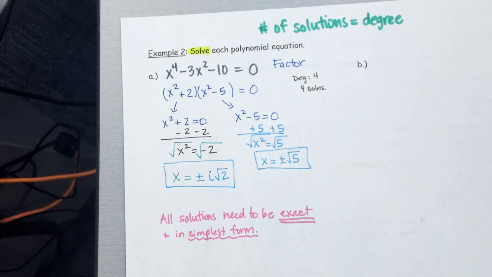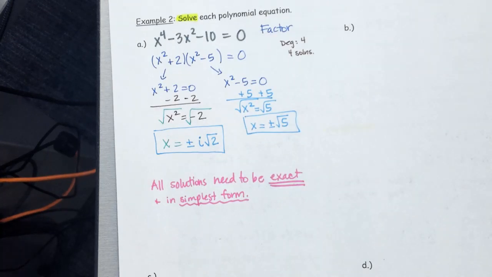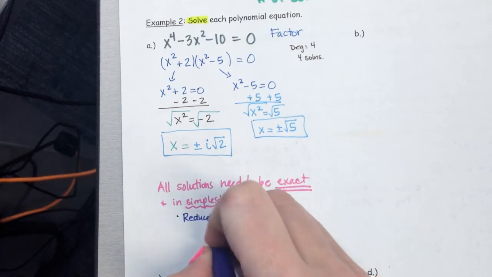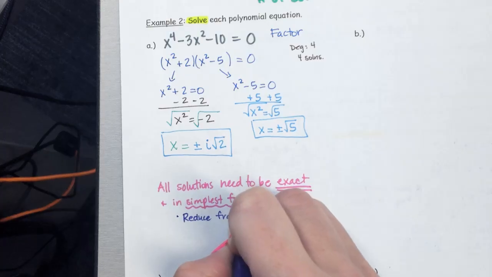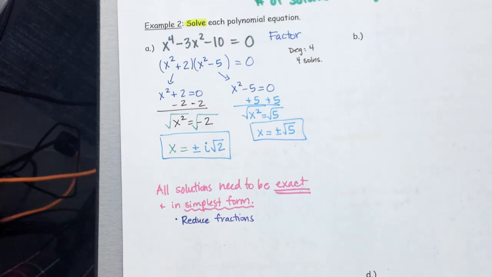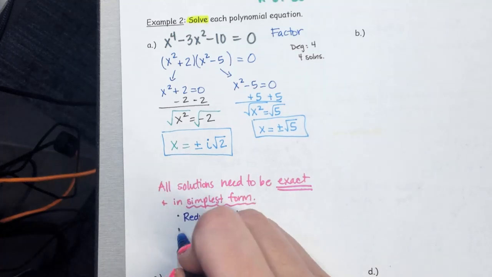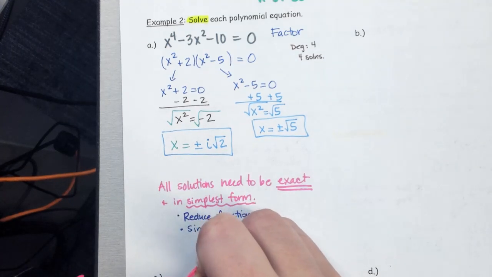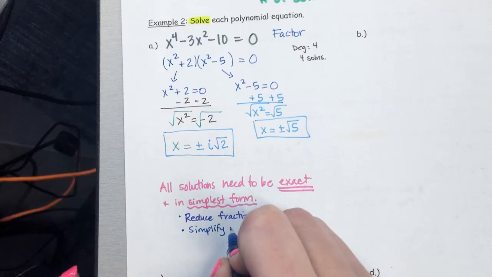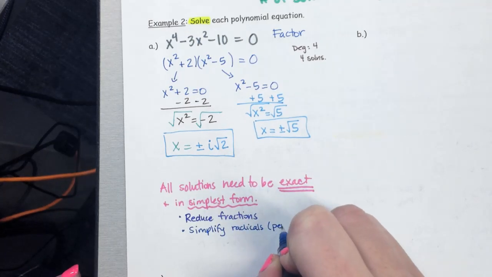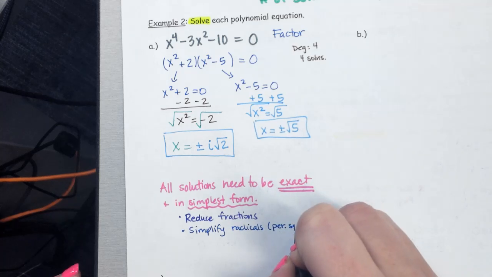All right, so if you have to be in your simplest form, what that means is if there's a fraction, you have to reduce it. So you have to reduce any fractions. You have to simplify radicals. So if there's any perfect square underneath, you have to take that out. Okay, so those are the perfect squares.